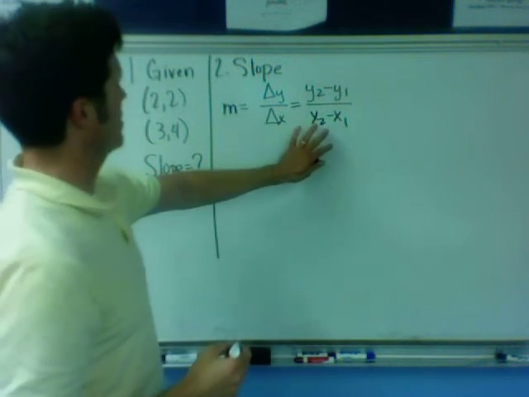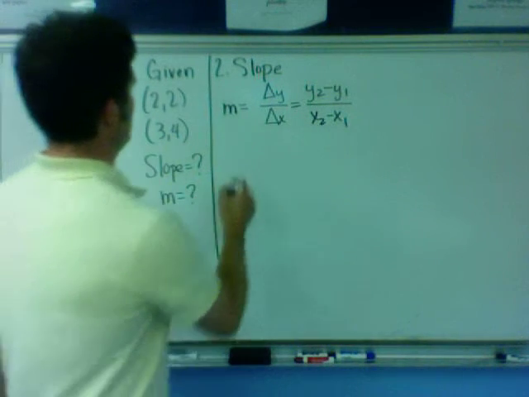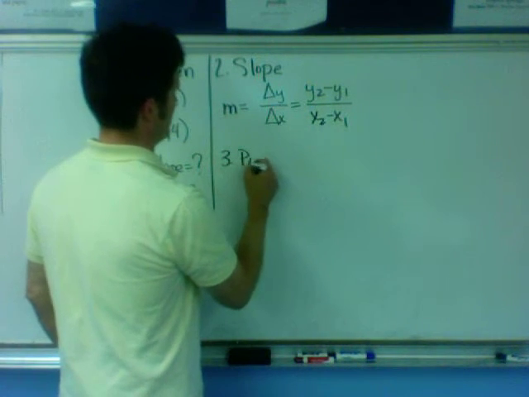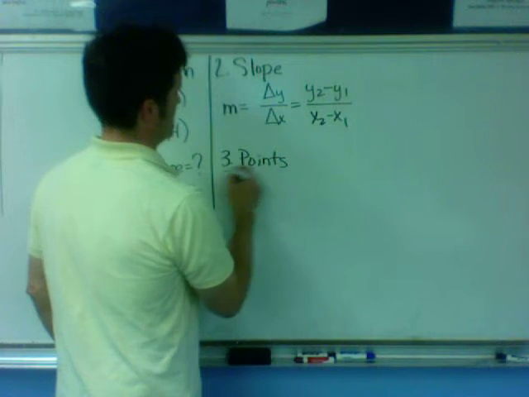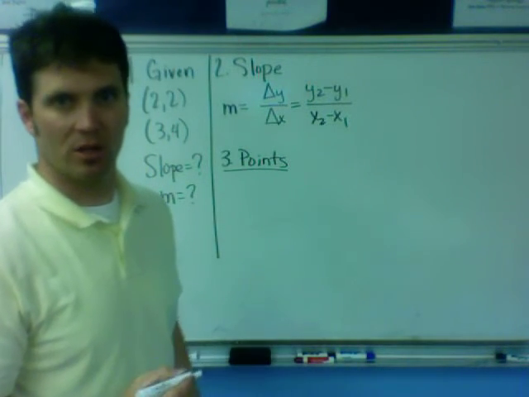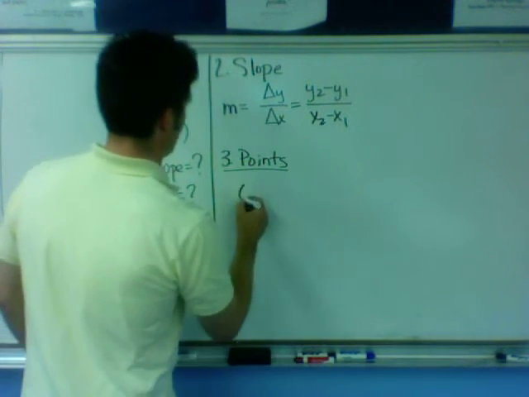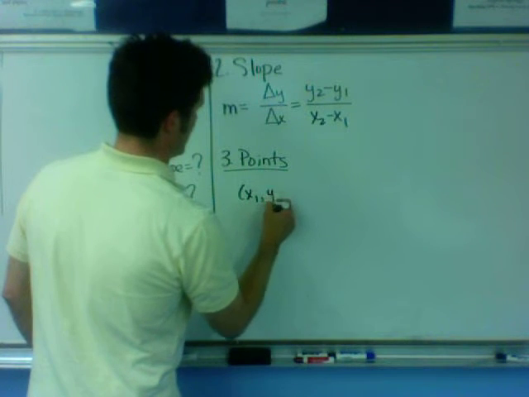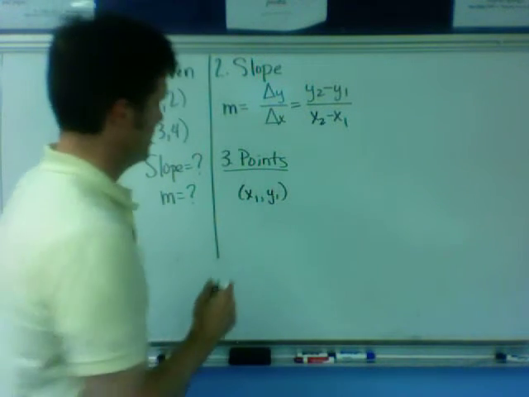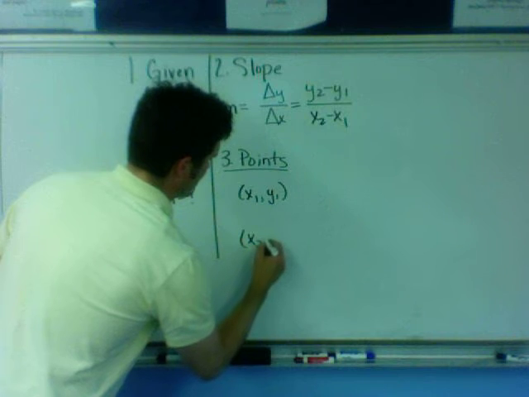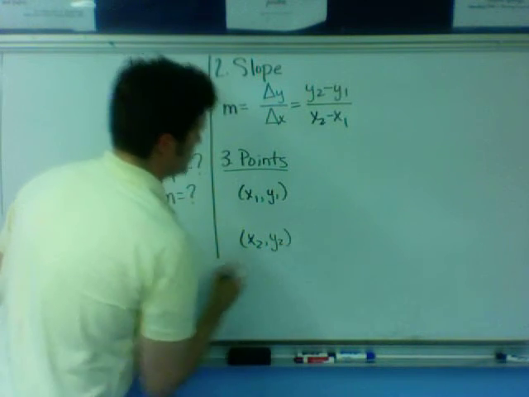Now, we know our formula, we know the points we're given. Let's get those points down here and figure out which number goes with which variable. So we have the first pair, x1, y1, and the second pair, x2, y2.